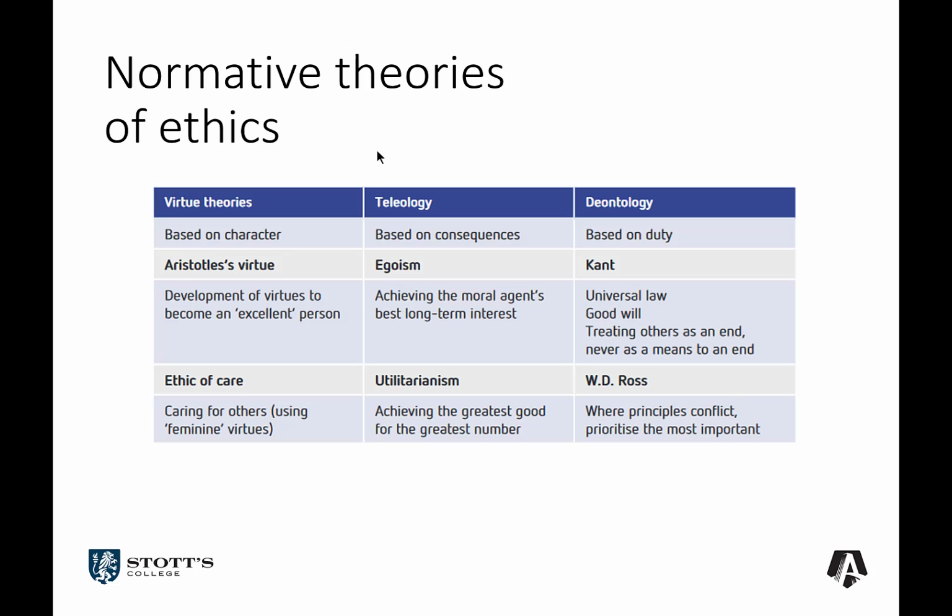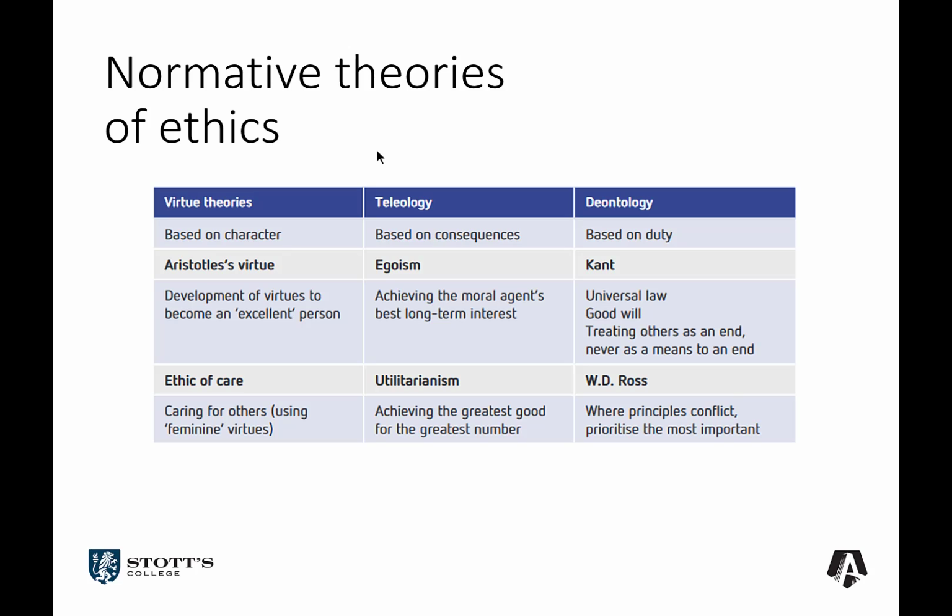The third group of theories is deontological theories. This is based on duty and responsibility. There are two broad but overlapping theories within this category. They're both related to philosophers who developed theories.